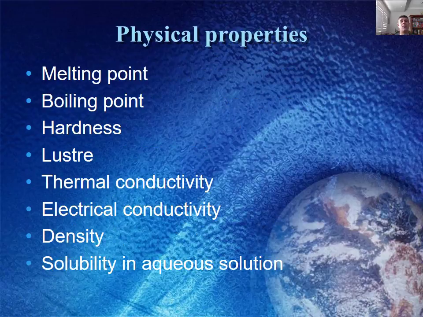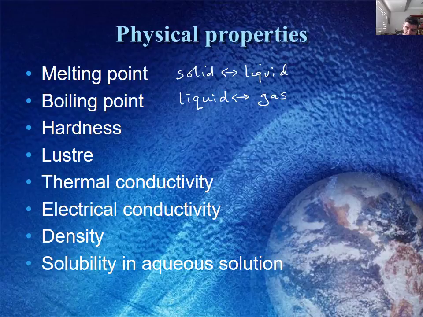So when we look at physical properties, these are the things that we're after. The melting point, which is the change from a solid to a liquid. The boiling point, which is the change between a liquid and a gas from either direction. So these can go obviously in either direction. Hardness, which is usually measured on the Mohs scale, where 1 corresponds to talc and 10 corresponds to diamond.